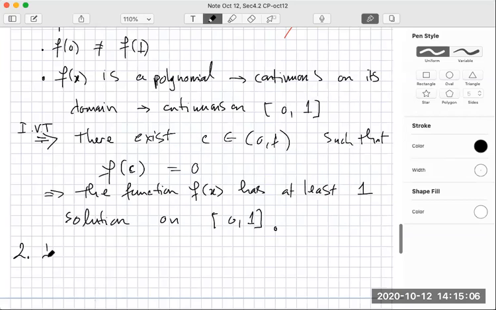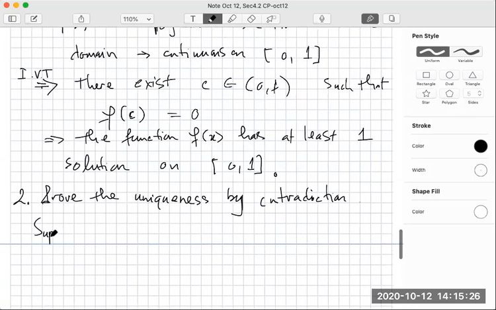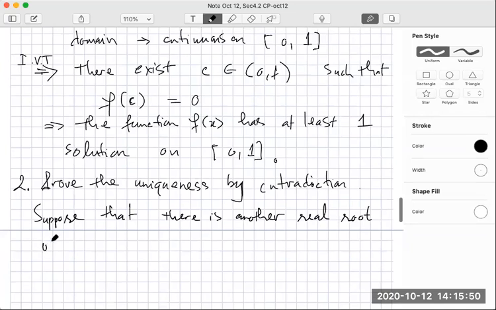Suppose that there is another real root. Let us call them f(A) and f(B), right?